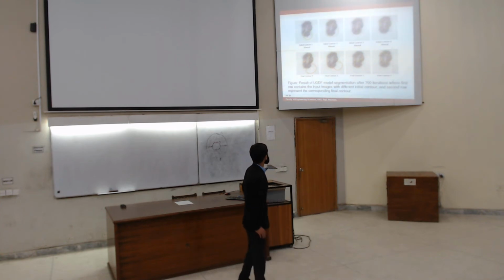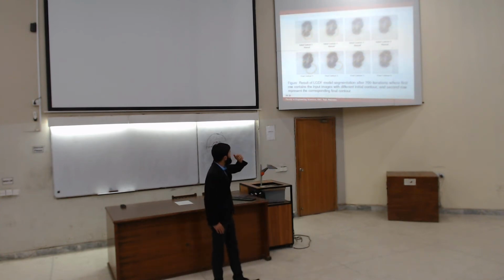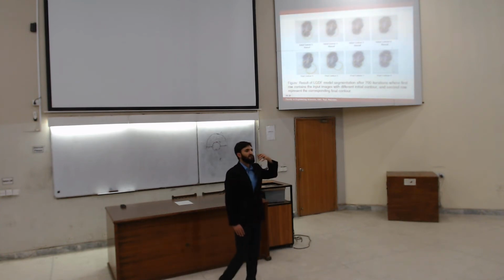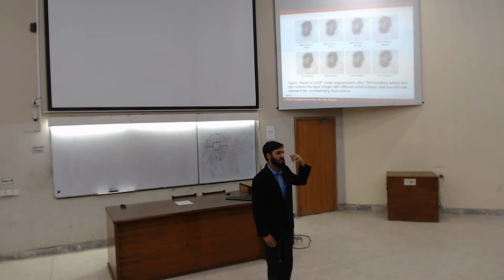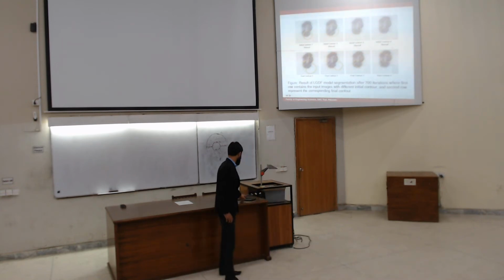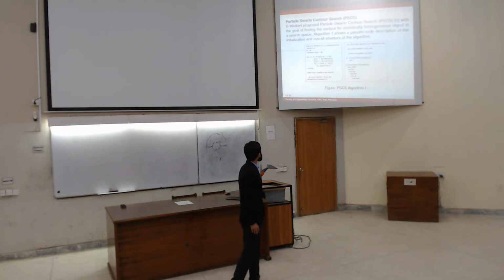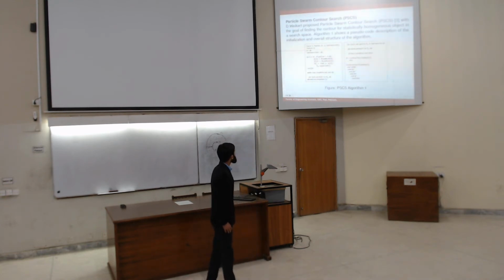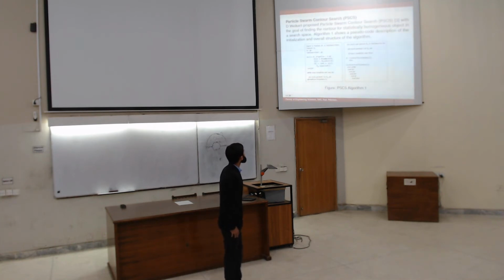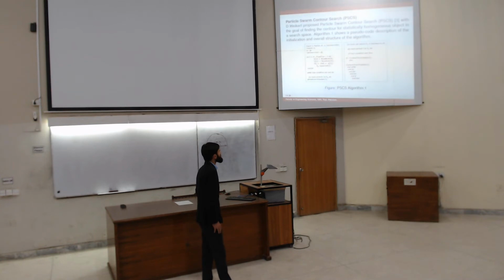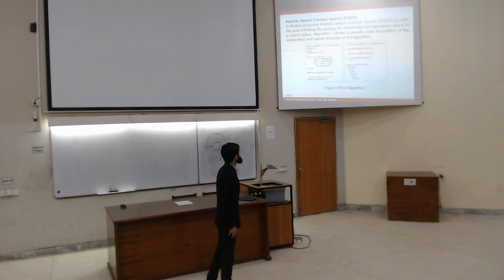We have to find an initial contour that is best for all medical images. For this, we use another paper, where Whitehead proposed particle swarm contour search with the goal of finding the contour for a statistically homogeneous object in a search space.